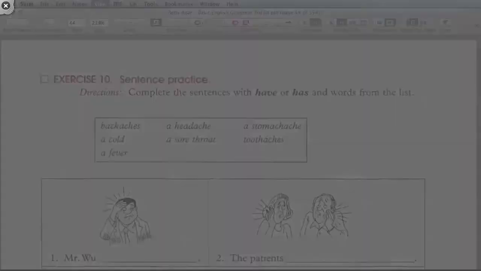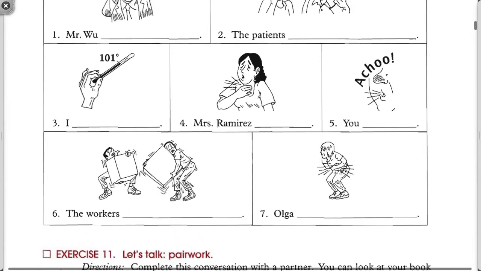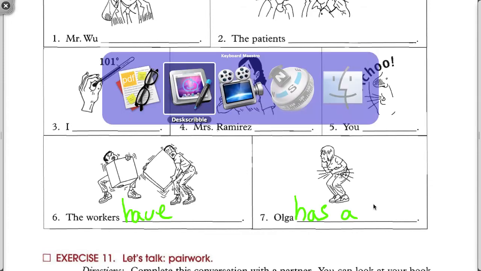Whoops, we exited out of full screen. Okay, there we go, back in the full screen. The workers have, they have backaches. And Olga has a stomach ache. Okay, use your vocabulary up above.